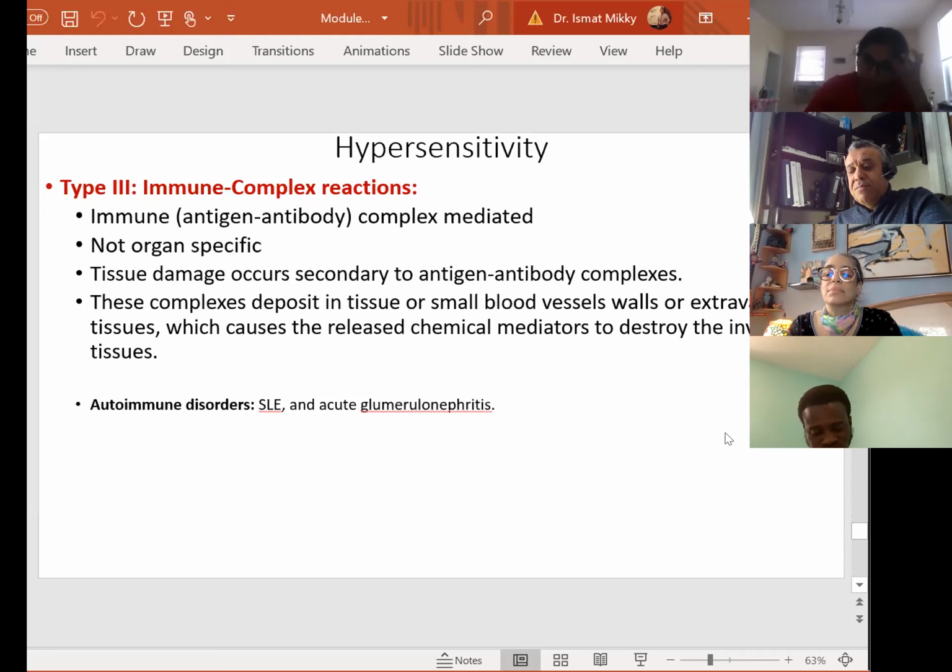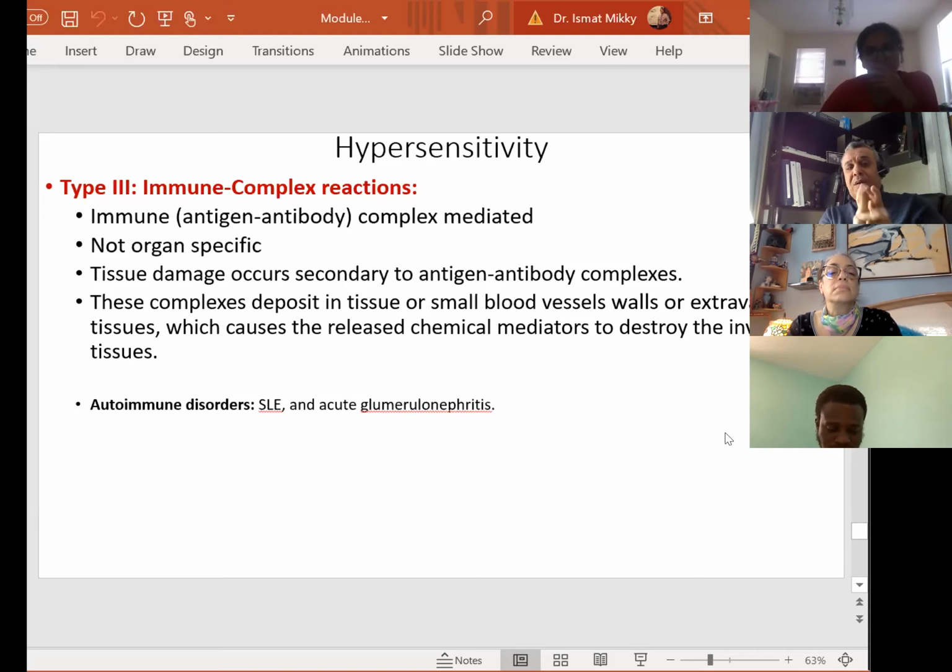Type 3, which is the immune complex reaction. An example of this one would be systemic lupus, which is an autoimmune disease.